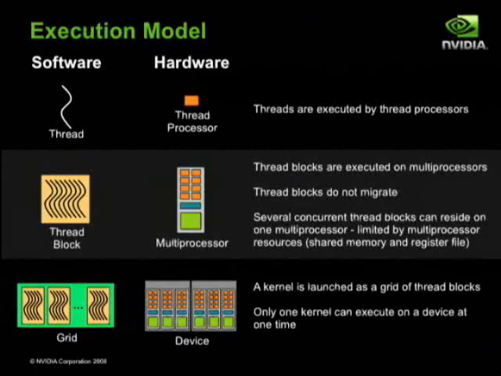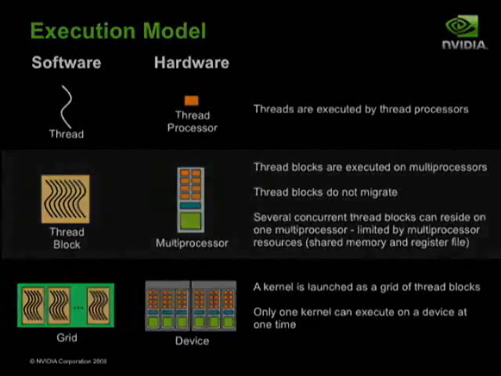The number of blocks that can concurrently reside on a multiprocessor is limited, however, by the multiprocessor shared resources, namely the number of registers amongst all resident threads and the amount of shared memory partitioned between all resident thread blocks. Kernels are launched as a grid of thread blocks, where only one kernel executes on a device at a time.